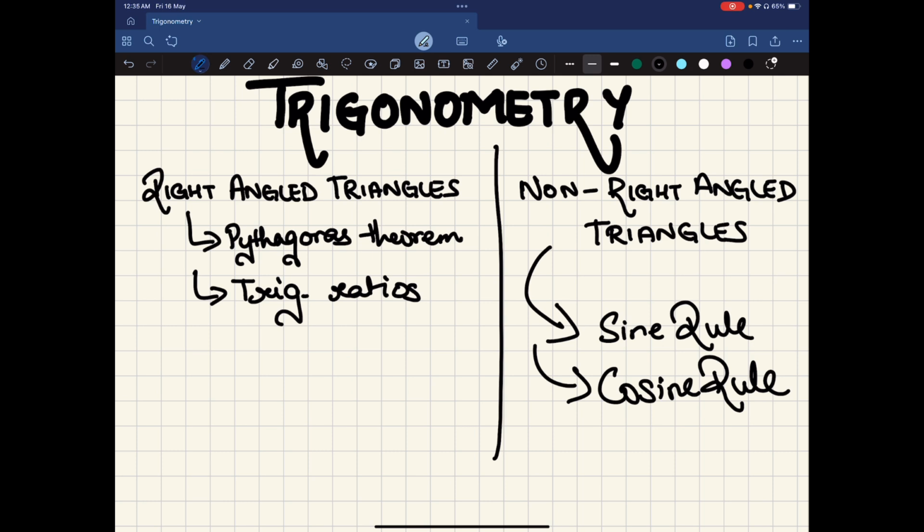We're also going to learn how to calculate the area of a triangle when the height and the respective base is not given. Area of triangle. So basically it would be a non-right angle triangle, okay? And then finally, we are going to wrap up by looking at some supplementary identities.